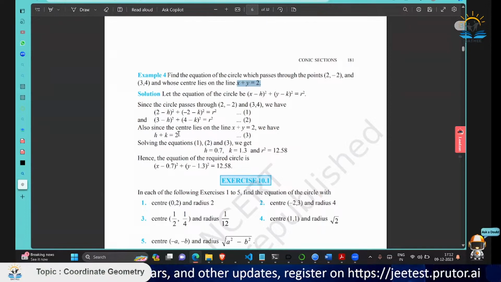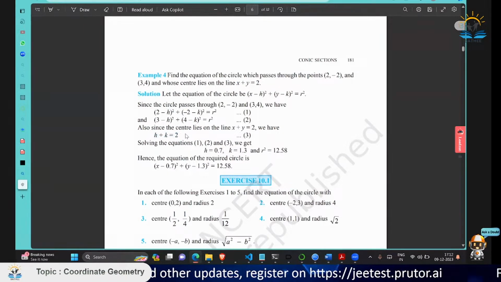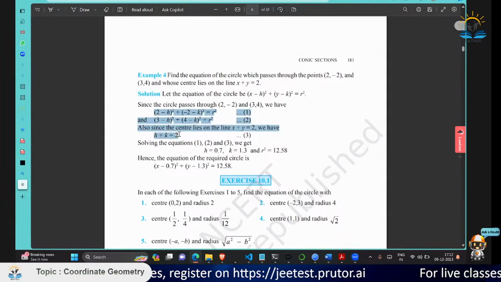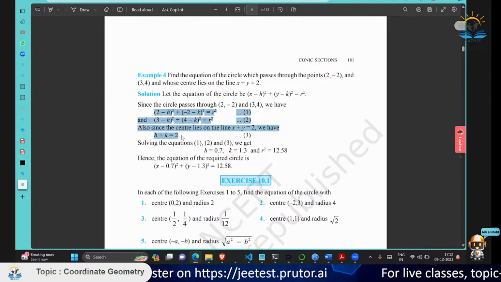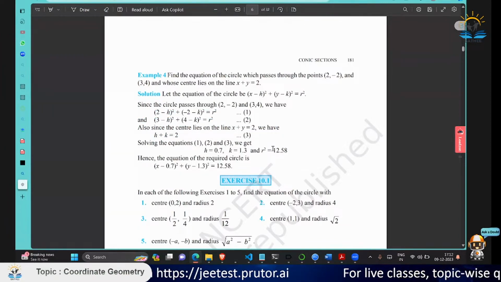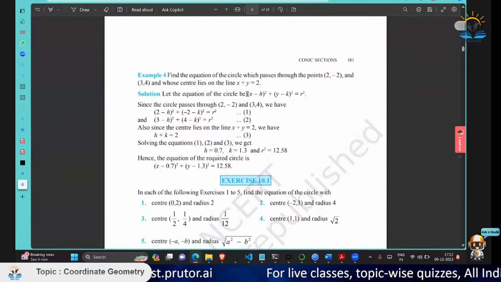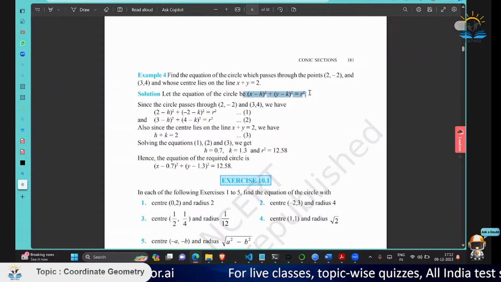So h plus k equal to 2. When we solve these three equations for three unknown variables, which are h, k, r, we will get all the three variables. Once we get them, we can plug them back into the general expression to get the final equation of the circle, right?